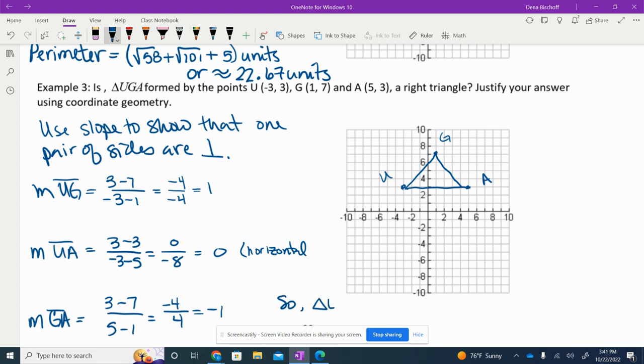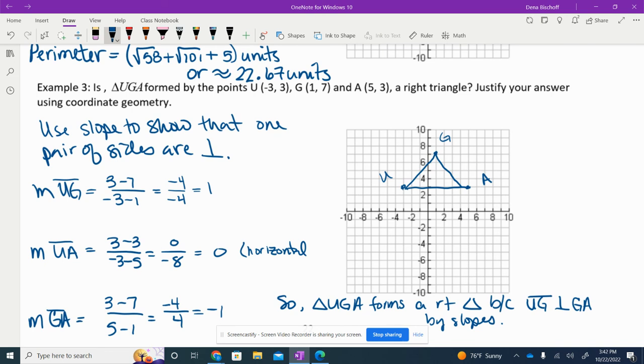So triangle UGA forms a right triangle because segment UG is perpendicular to segment GA by slopes. Okay, and I believe that is it.